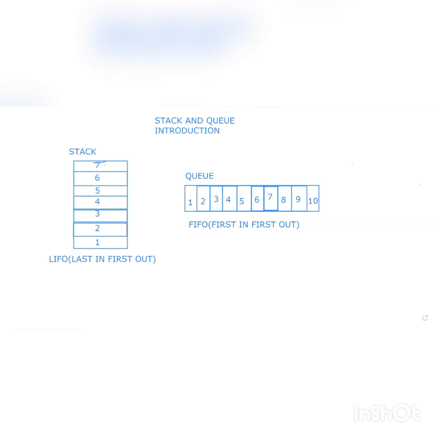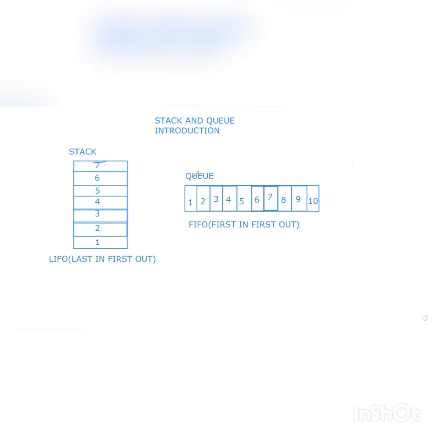It will first insert 1 into the queue, then insert 2 at the back of 1, then insert 3 at the back of 2, then insert 4 at the back of 3. It will insert the elements like this.